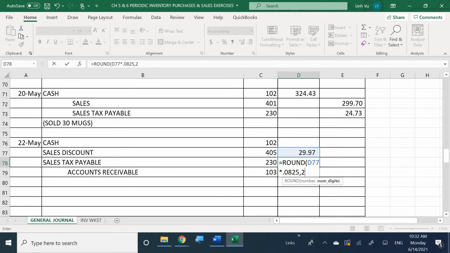Just the difference that would have been paid on the return mugs. Correct? The difference that we paid on the return mugs. Now, returned mugs, that was 30 mugs. I gave them a full refund. In this case, I am not giving a refund, I'm giving only a 10% discount.